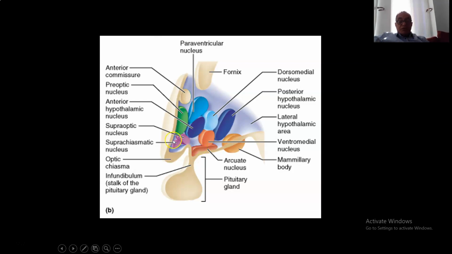So there is another nucleus called the suprachiasmatic nucleus. The suprachiasmatic nucleus, from its name, is present above the chiasm. As we will see, it is responsible for the circadian rhythm of the hormones. It gets information from the optic chiasm about the light, if it is daylight or night, and accordingly it gives information to other nuclei to secrete or to reduce the secretion of different hormones.